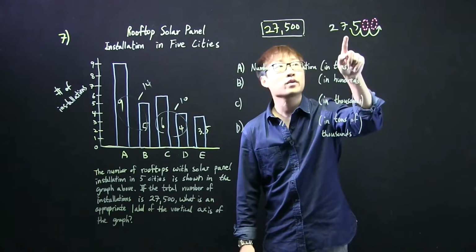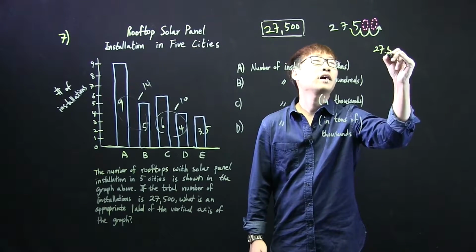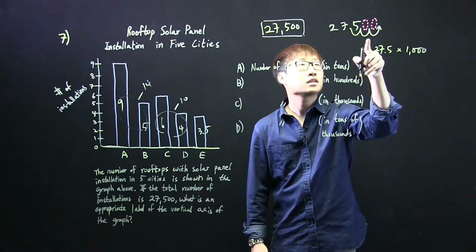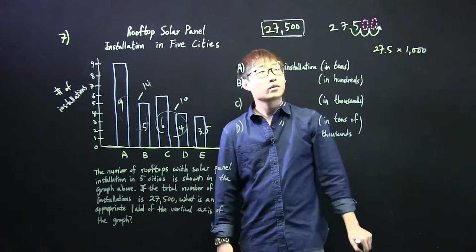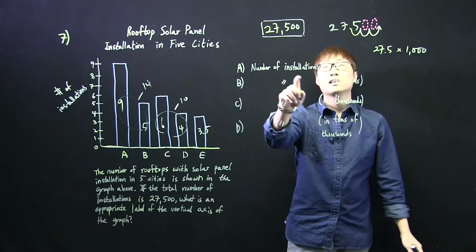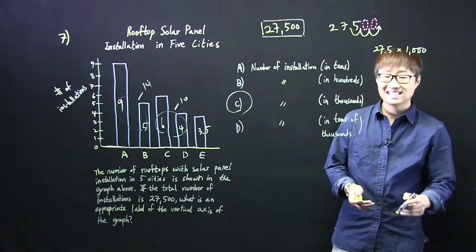So moving 3 units to the right is the same thing as multiplying by 1,000, 3 zeros, right? Which means the number of installations should have been in thousands. My answer choice is choice C.